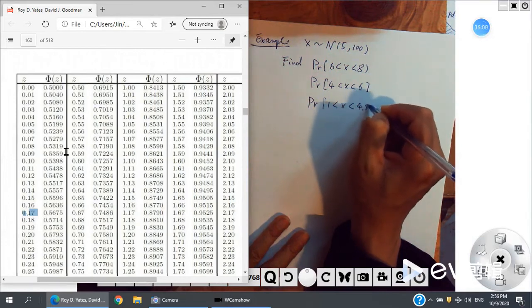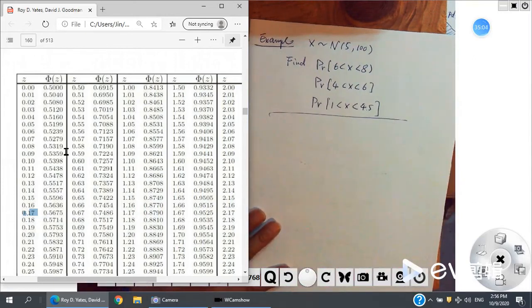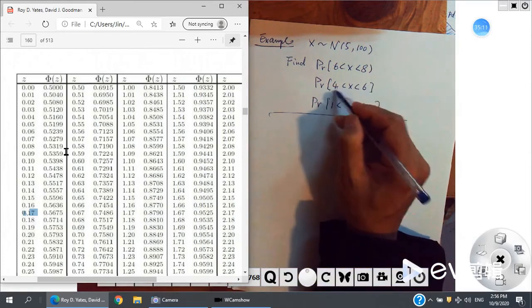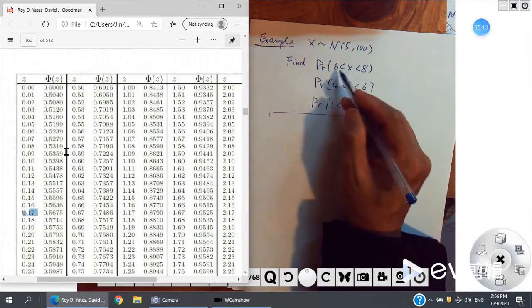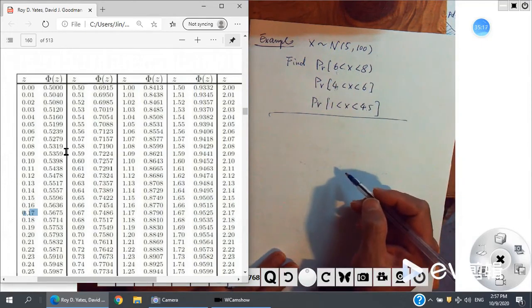Yeah, we want to find these three. This is more complex than the previous example, right? I have two sides on the interval, with some values. But the idea is the same.